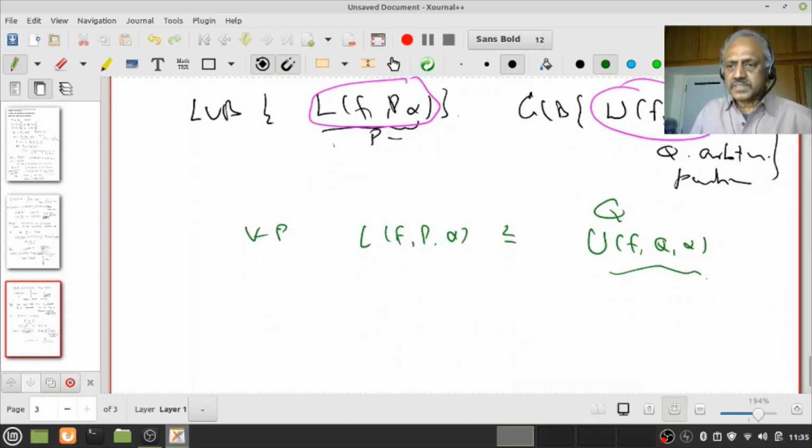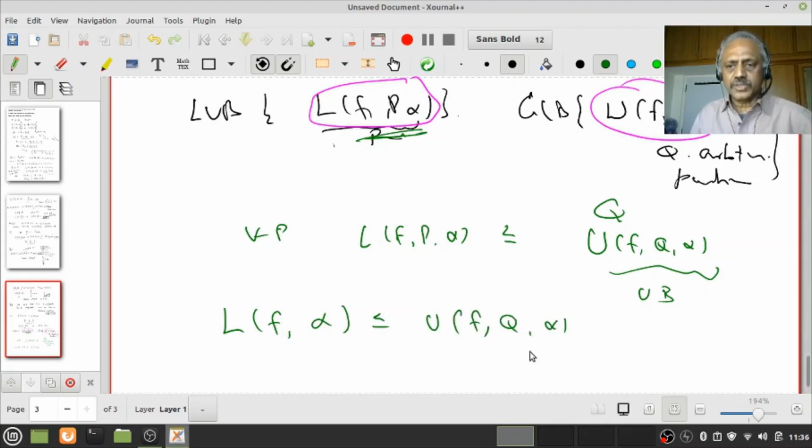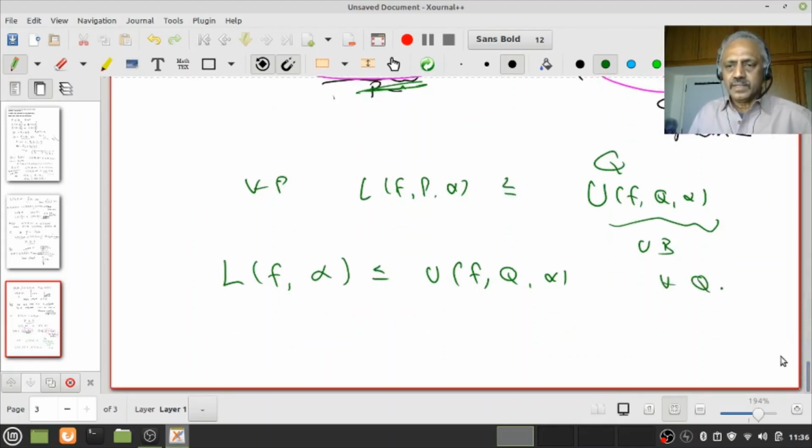This is an upper bound for this set, as P varies. Therefore the LUB, L(f, alpha), should be less than or equal to U(f, Q, alpha). This is true for every Q.